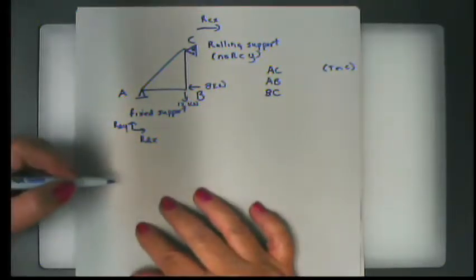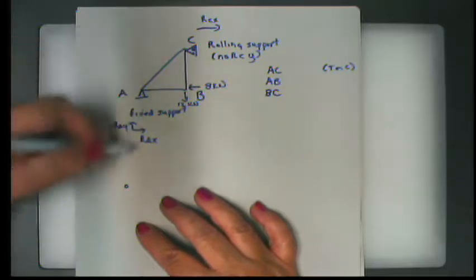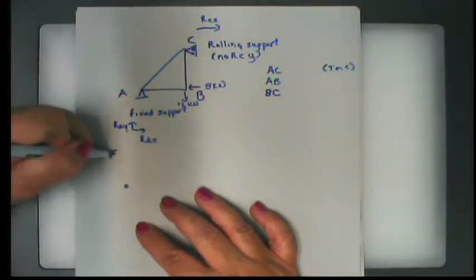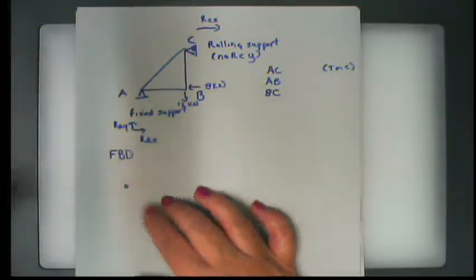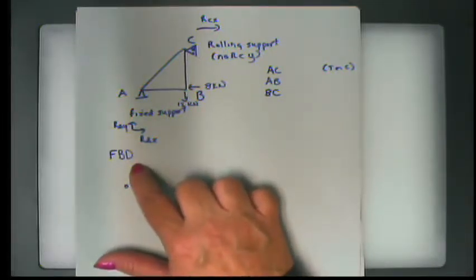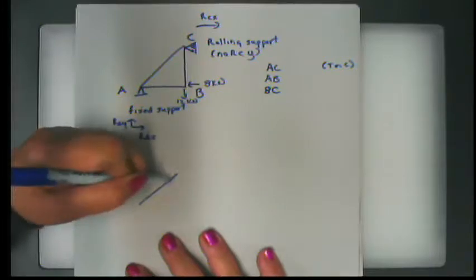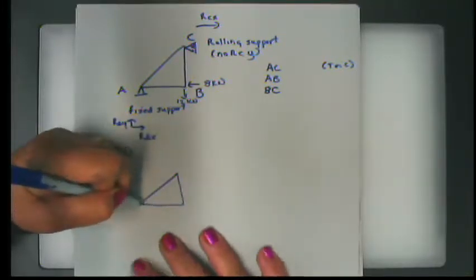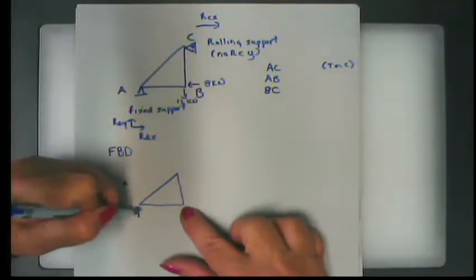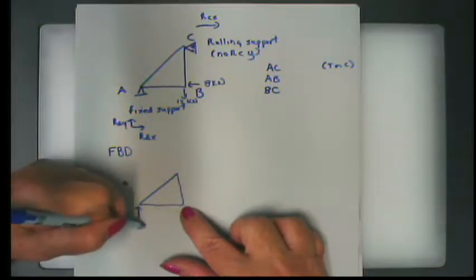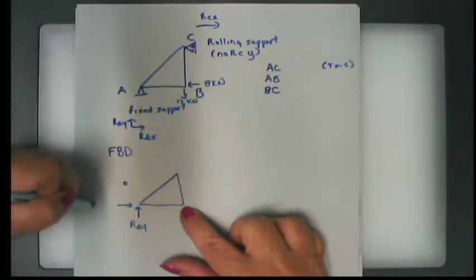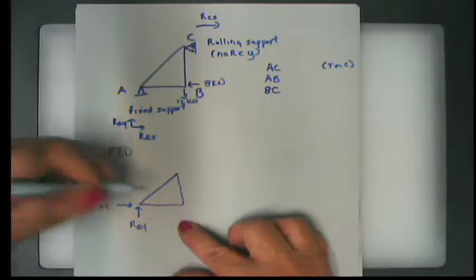So let's start. We're going to draw a little. The first thing we're going to do is to draw a free body diagram of the entire structure. This should be familiar from statics. What that means is we have a triangle and we draw the forces. We have a reaction at A in the y direction, a reaction at A in the x direction.